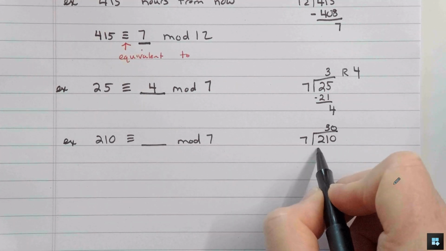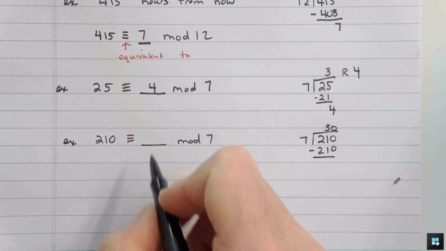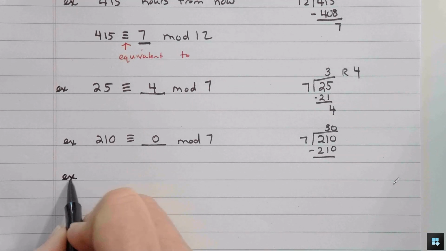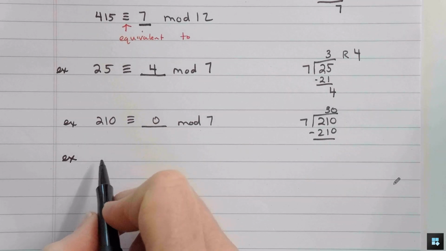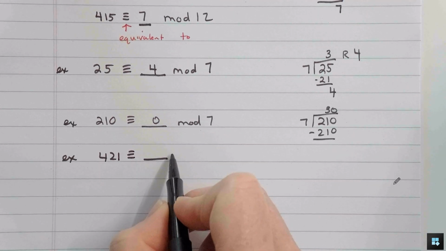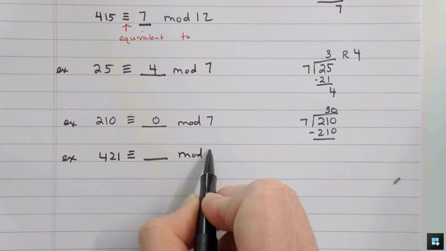There's no remainder at all. The reason I said 30 is because 7 times 3 is 21, and then you add the 0 because it has an extra 0 on it. Good. I'm glad you can do that in your head. Always helpful. Here's another one. 421 is equivalent to what? Mod 7.